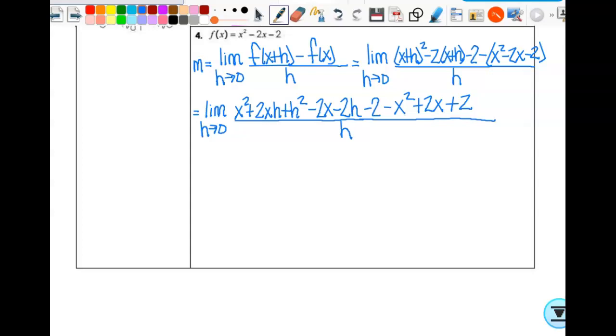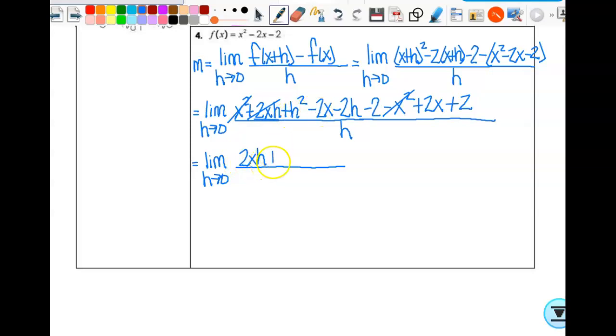Now we're going to clean it up. The limit as h approaches 0 of, I have x squared minus x squared, those zero out. Then I have 2xh. That's the only term that has an xh in it, so this is just 2xh.